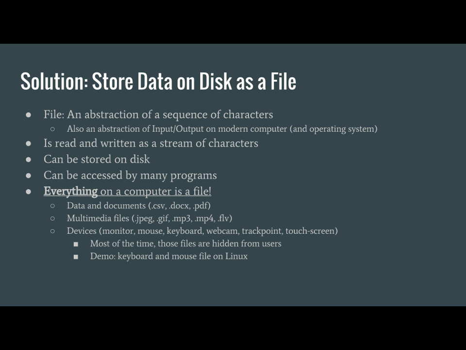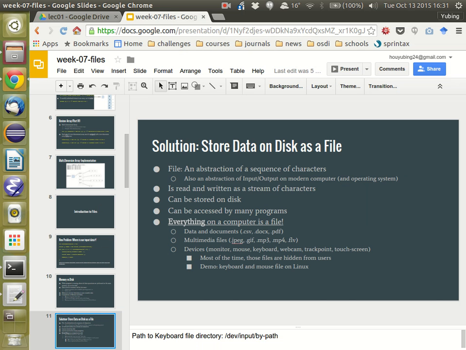What do I mean by that? Those files, especially the device files, are actually hidden from you by the operating system. The operating system doesn't want to let you know of their existence. However, you can still access them. So here's a demo. Suppose I want to know what happens when I move my mouse like this.